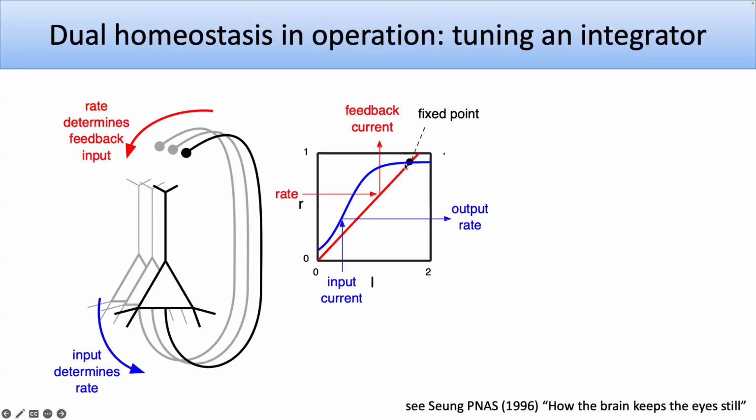To get an integrator, you need to adjust the gradient of this and the threshold so that you get a situation where there's a line. Things are never going to be perfect mathematically, unless they are exactly the same functions, but you need the two to follow each other. The idea here is that instead of one crossing, the curves are almost on top of each other for a large range of values. And essentially the difference in those curves is changing the time constant.